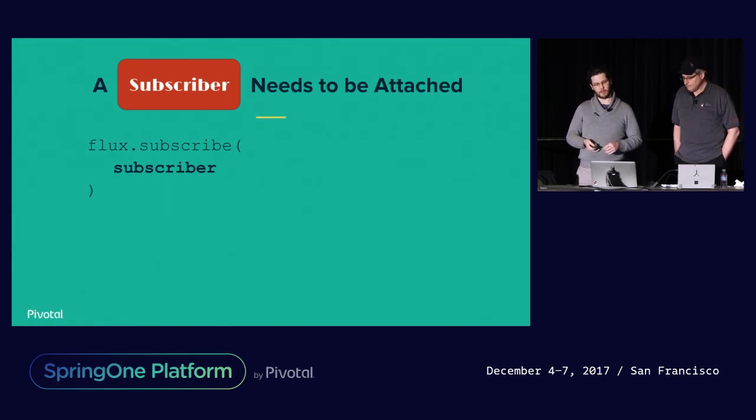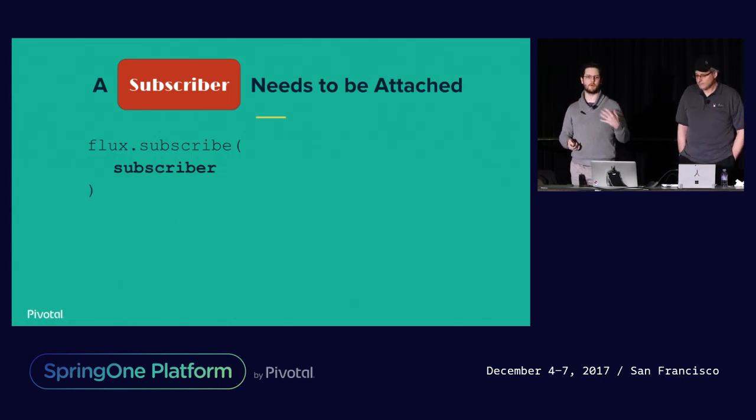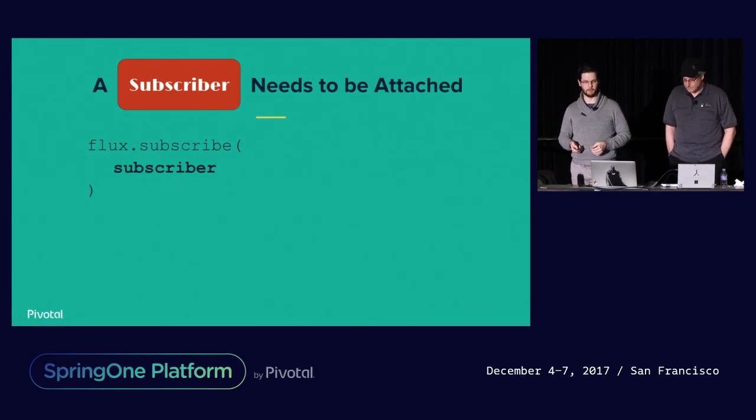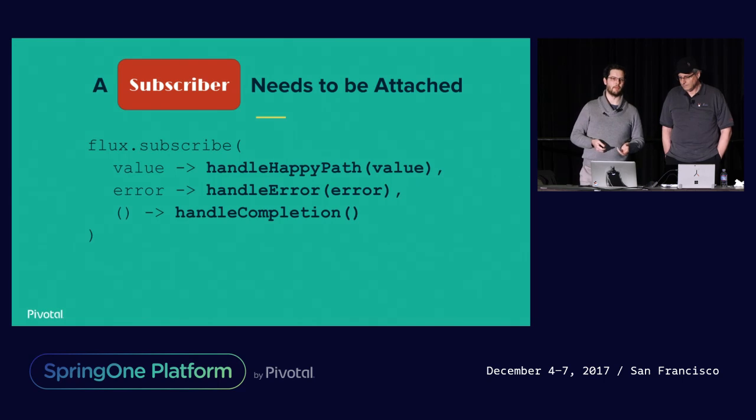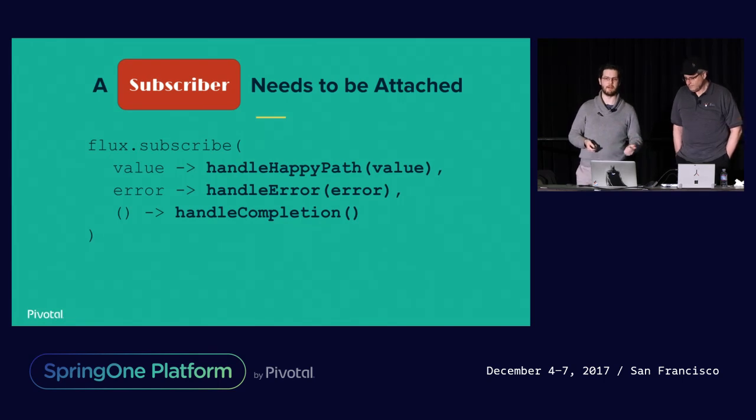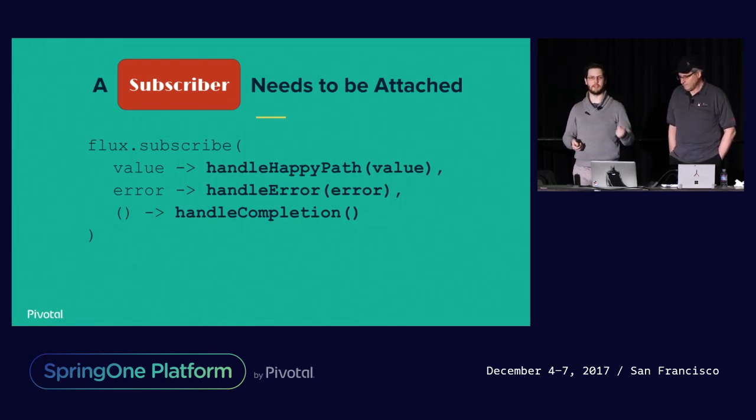Also, a subscriber needs to be attached to its publisher. So once you get a Flux, you need to call the subscribe method with the subscriber. The easiest way to do that is through this variant of subscribe where you provide lambdas. So 1 lambda for what to do with each piece of data that comes in asynchronously. 1 lambda to define what to do with an error.